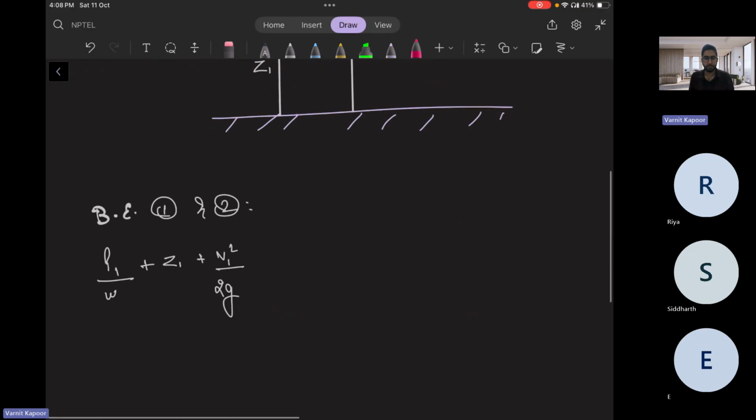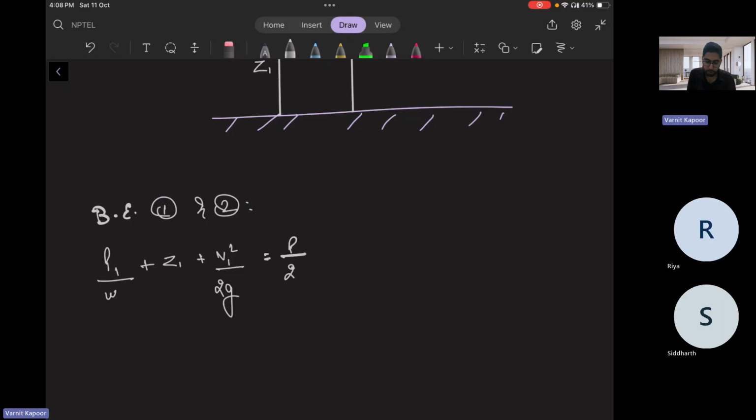So it is P1 by W plus Z1 plus V1 square by 2G is equal to P2 by W, plus Z2, plus V2 square by 2G. The fluid is the same, that is why it is W only, plus some head losses will also be there, as we have studied in the Bernoulli equation.